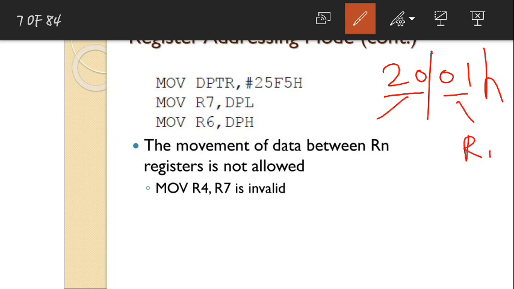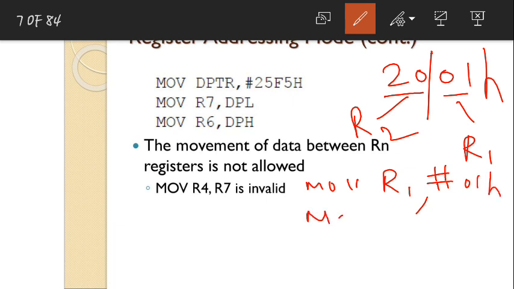I will take this as R1 and this as R2. So what instructions do I need to write? Move R1 comma #01H. Next, move R2 comma #20H.